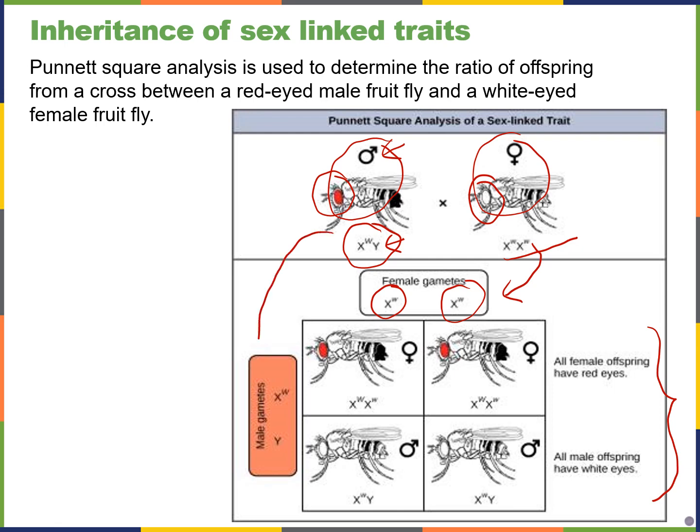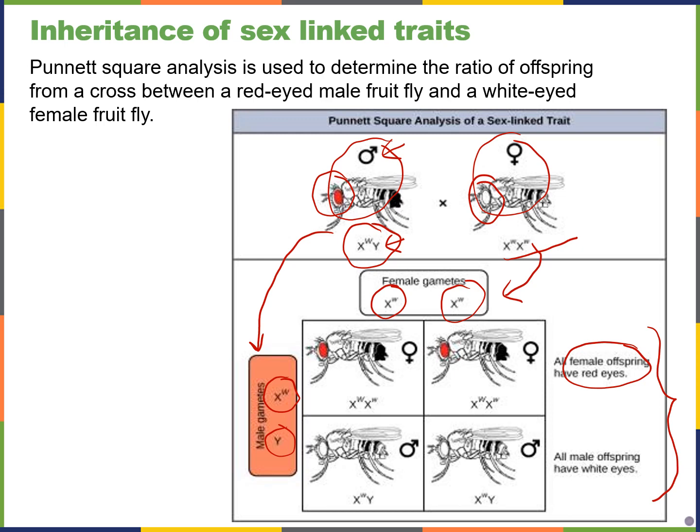And dad's gametes are over there. Dad can give either an X chromosome or a Y chromosome, and the eye color trait is on the X chromosome. If you complete the Punnett square and look at their offspring, it looks like 100% of females will have red eyes. Why is this the case?